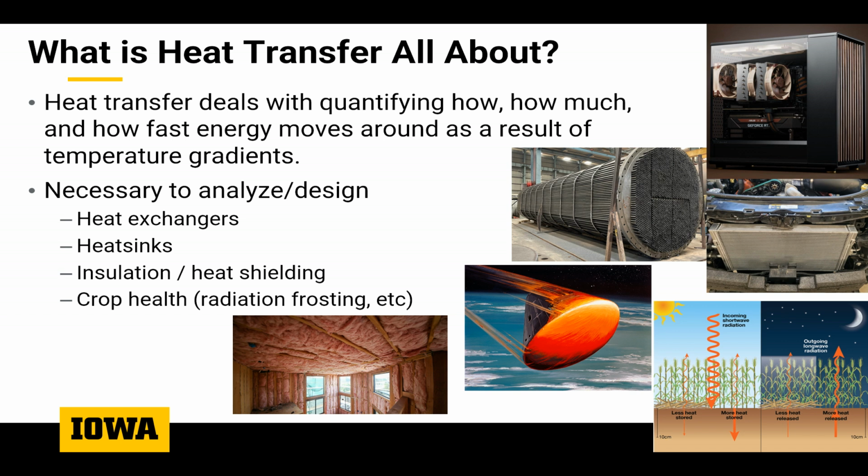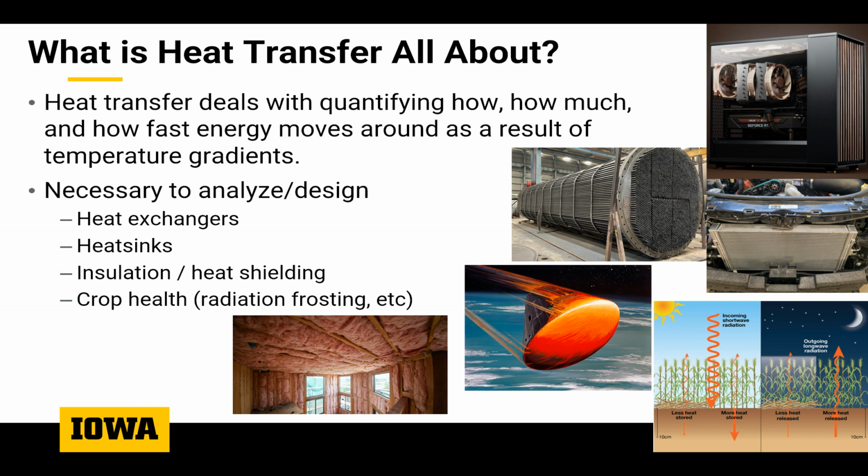So early on, we'll start talking about resistance networks, which we see anytime we walk into a hardware store as R values, right? And being able to understand how you use that R value to figure out how insulation in a home affects heat dissipation, all the way up to how that translates to heat shielding on reentry capsules for spacecraft, to radiation and how we can even have things like crop failures due to radiation frost, as it's called, where crops can freeze in ambient temperatures that are above freezing, right?